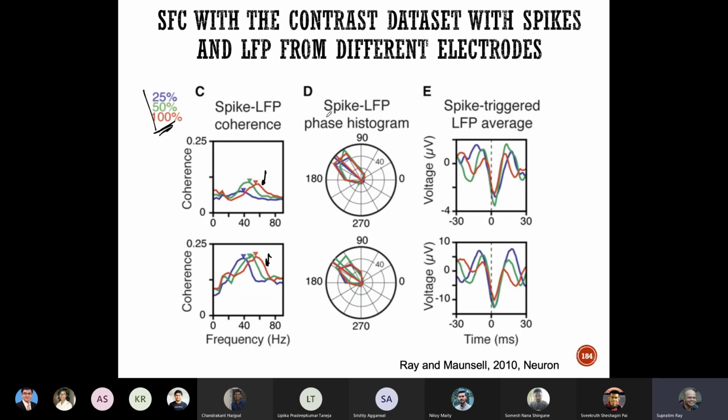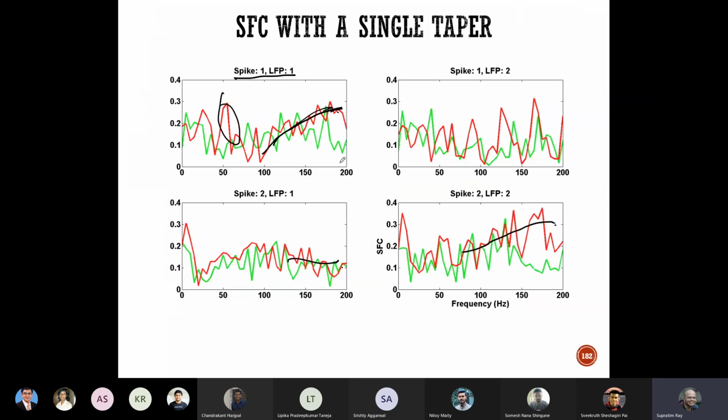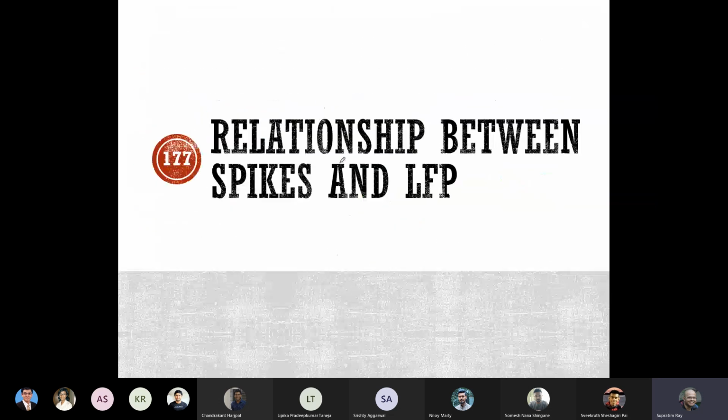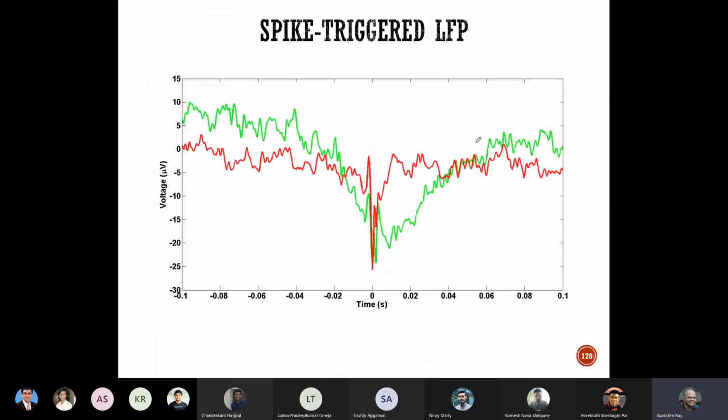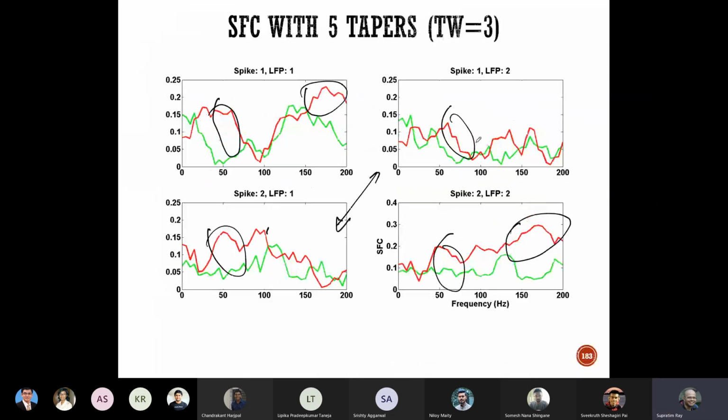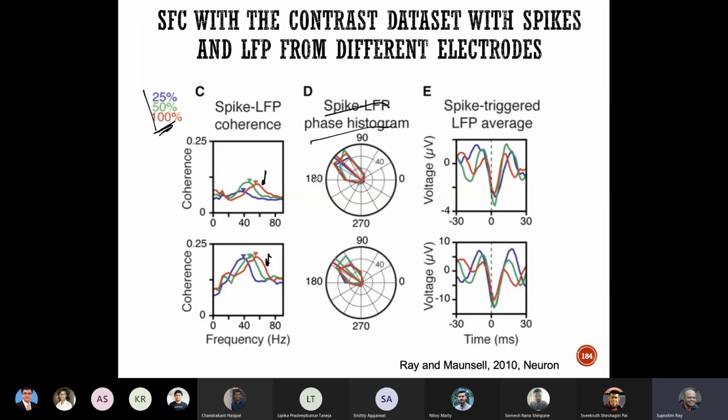And if you look at the spike-LFP phase histogram, which is similar to what we have done here, the LFP phase histogram, the same as this now. Spikes tend to occur at a particular phase, which is slightly off 180 degrees.